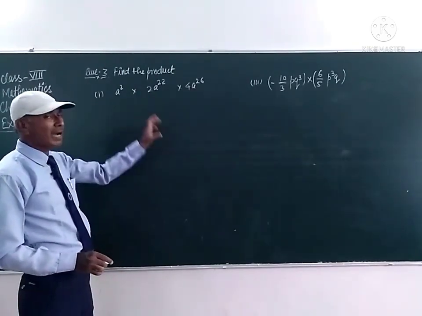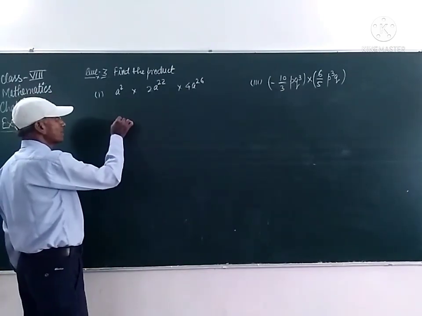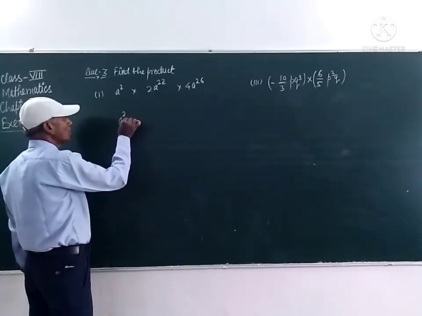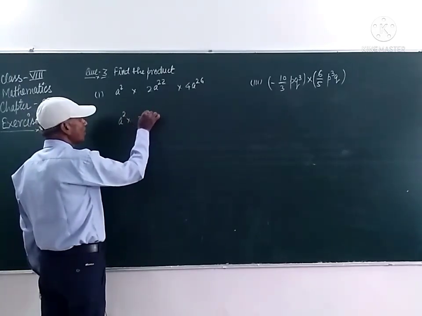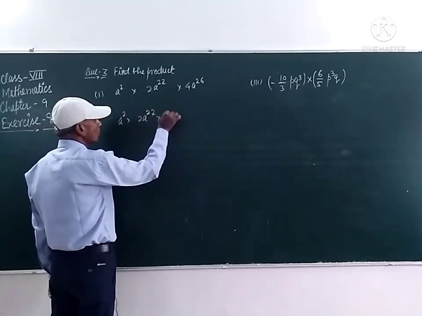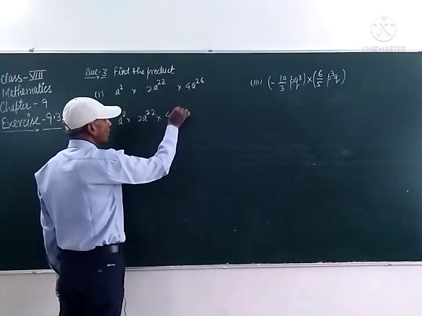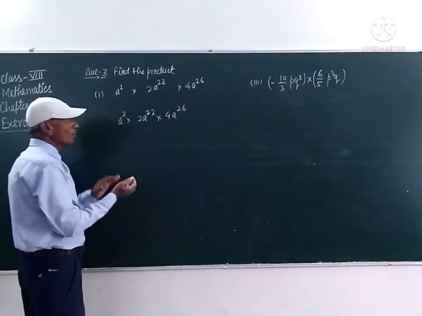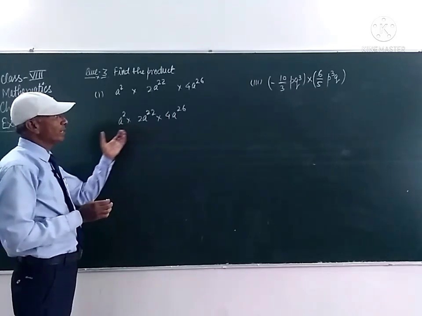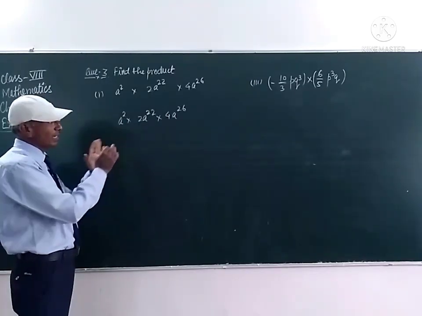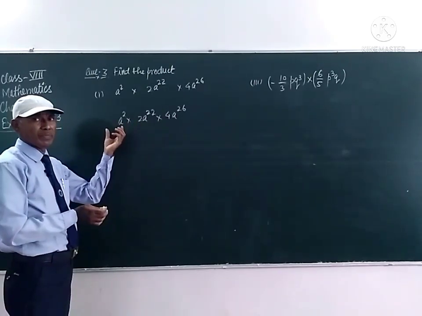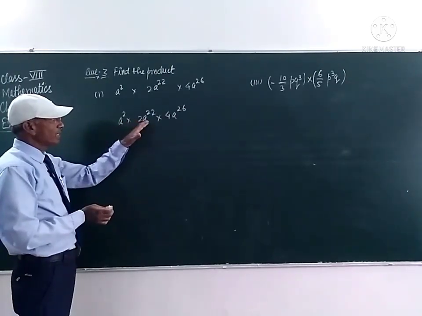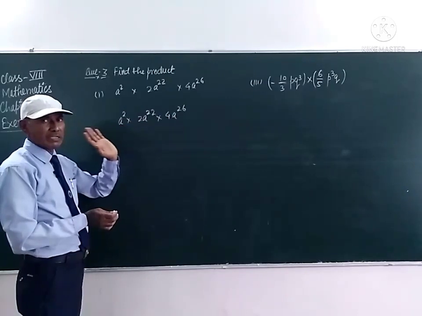So first of all we have to multiply this, student, like this: a to the power 2 into 2a to the power 22 into 4a to the power 26. Now we have to multiply numbers with numbers and variables with variables, and all variables are the same. This one a and this one again a and this one a, student.